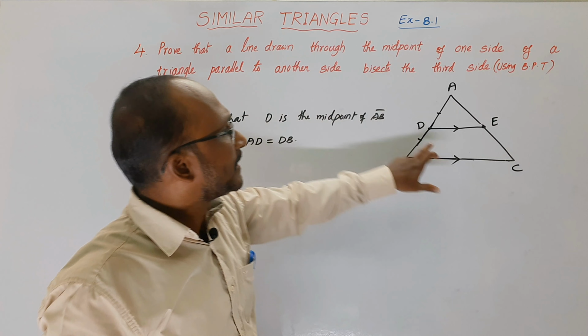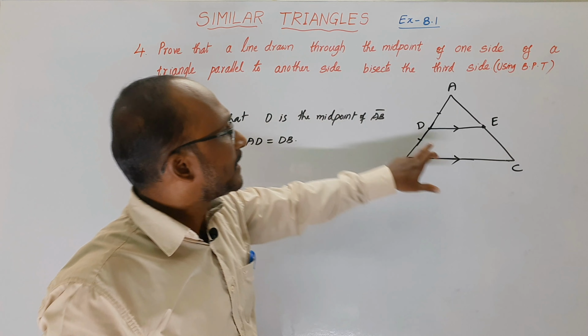But we know that by the Thales theorem, if any line is parallel to one of the sides of a triangle, it divides the other two sides in the same ratio. By that, as DE is parallel to AC in the triangle ABC, we can say that BD by BA is equal to BE by EC. Let us write the same.